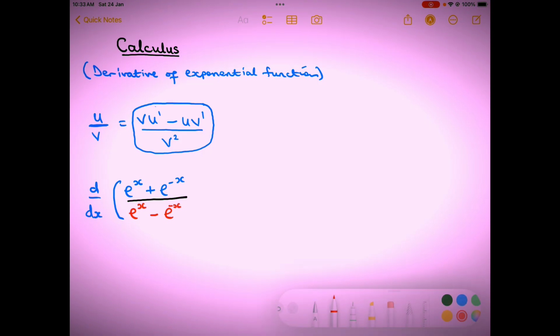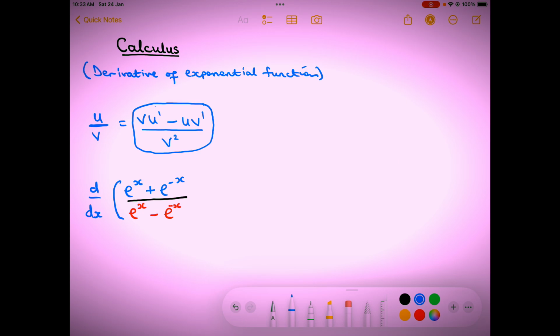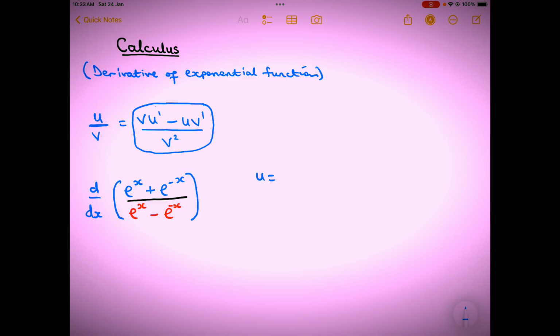So let's say you are given this function and you are asked to differentiate. In this case, we can represent our u as the numerator, which is e to the power of x plus e to the power of minus x.